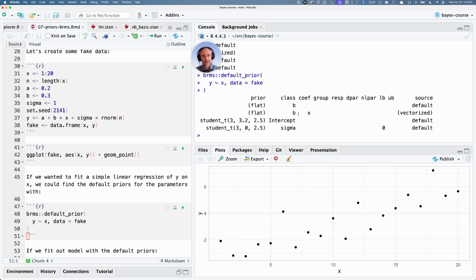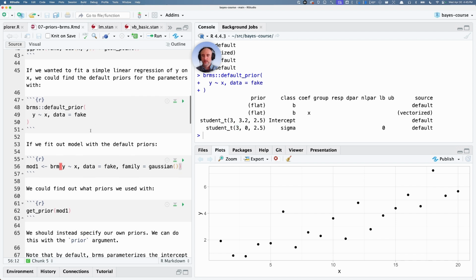So we can look here and see that we need to supply class B, which is going to be for our predictor X. We have an intercept that we can specify, and the default prior actually has a mean that is not 0. I believe it's based on a mean-centered version of the data. And then we have a half student t prior with degrees of freedom of 3 and a scale of 2.5 on the standard deviation of the observation error.